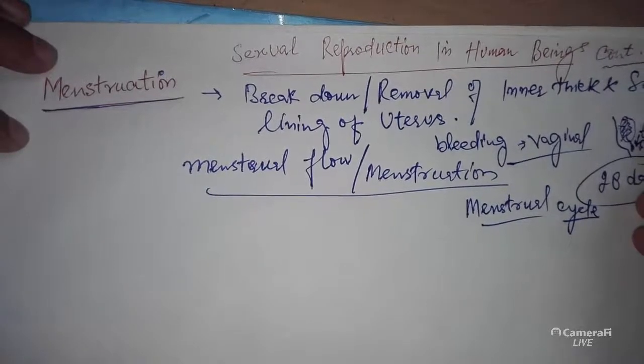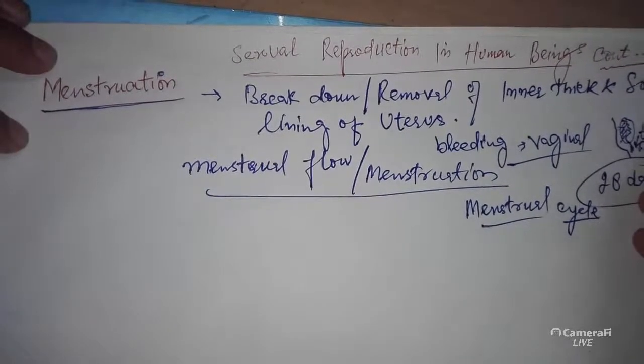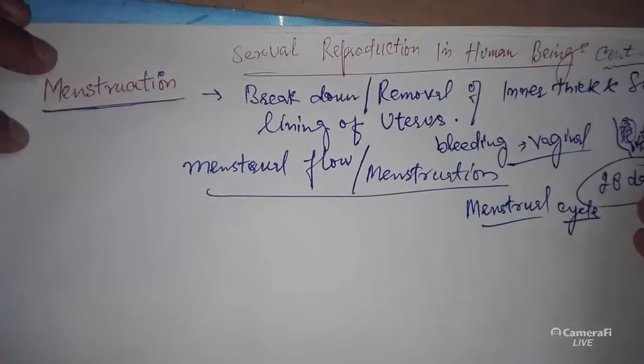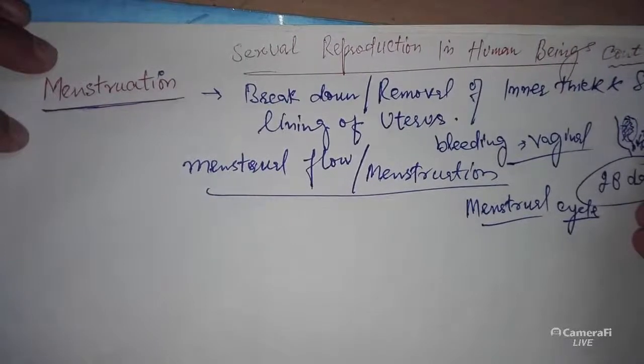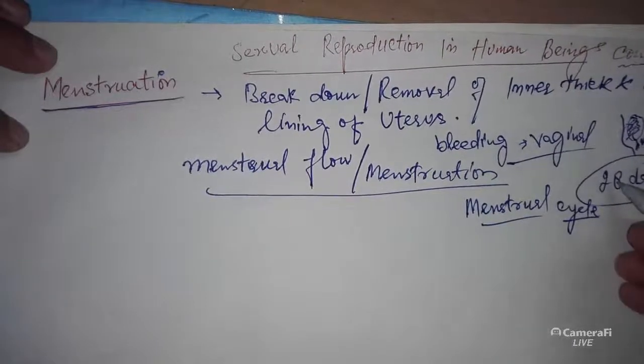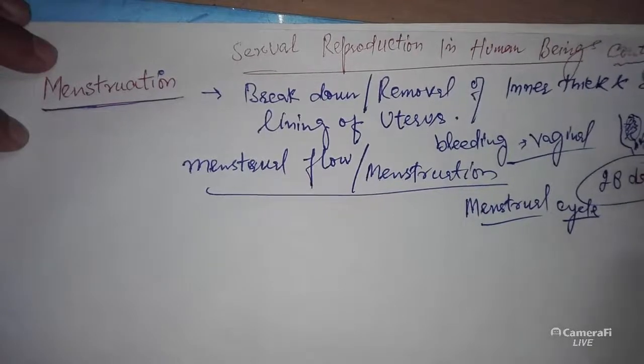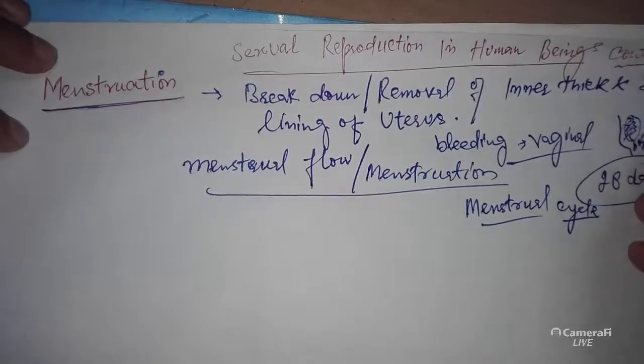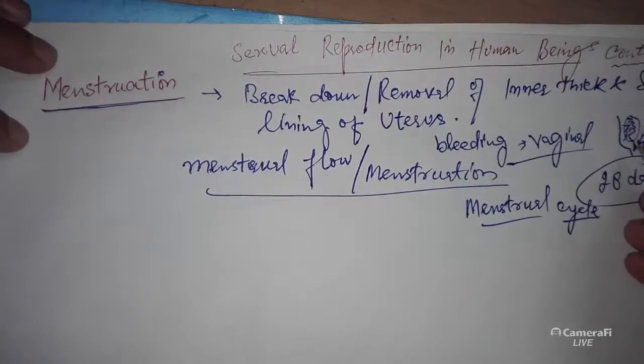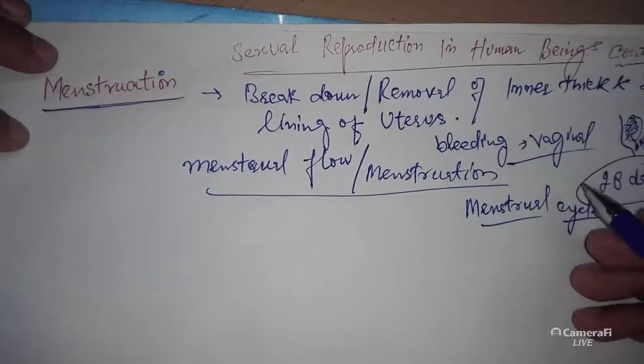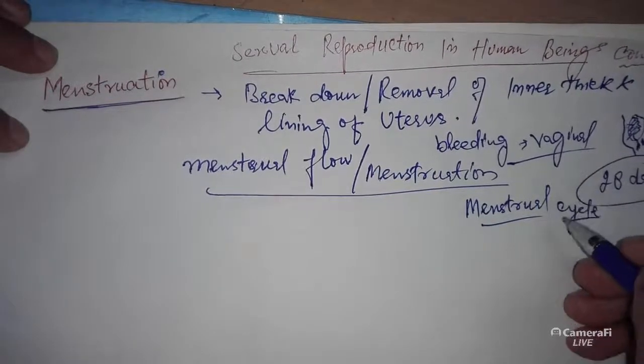Here the egg and the flow from the ovaries, along with the uterus wall, all flow out as menstrual flow on a fixed day. We also call it the sexual cycle in the human female.